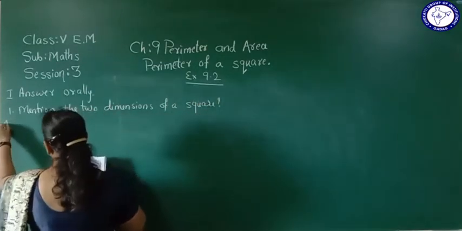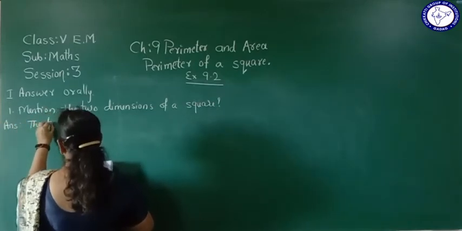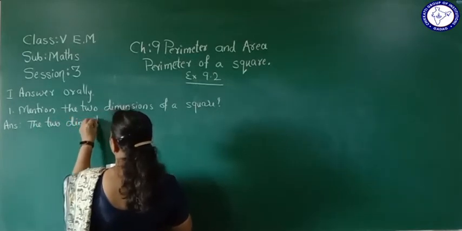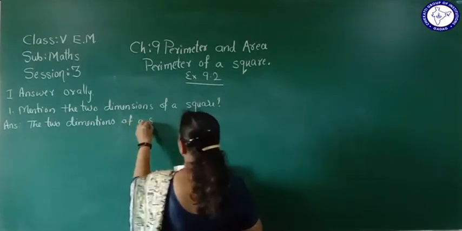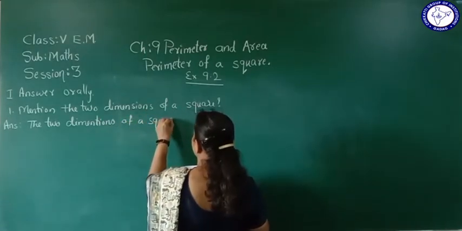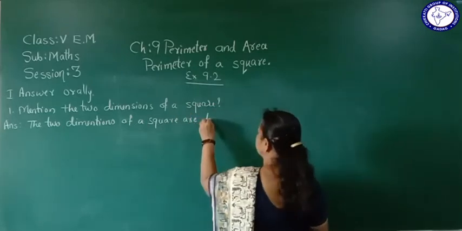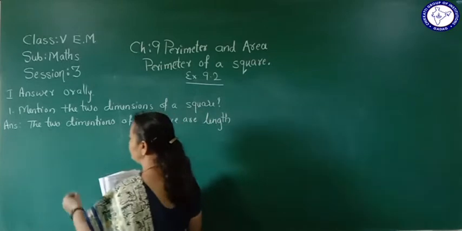So here the answer is, the two dimensions of a square are length and length.